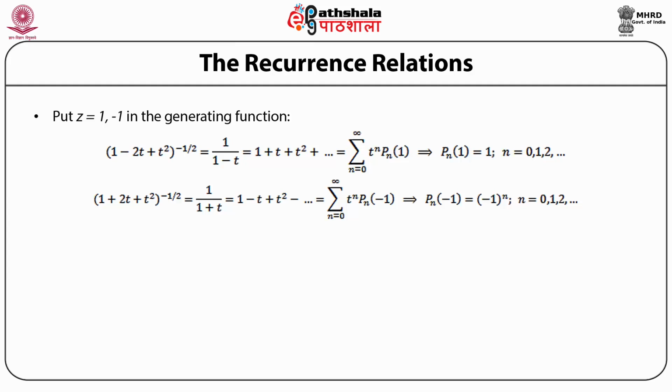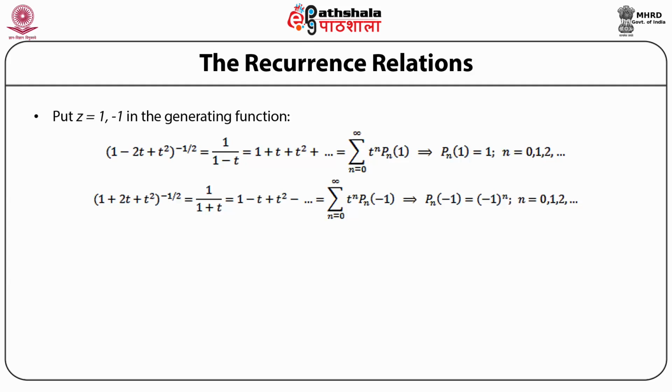It can be written as series summation over n going from 0 to infinity t raised to power n Pn of 1. Hence, Pn of 1 is equal to 1, where n goes from 0, 1, 2 and so on.